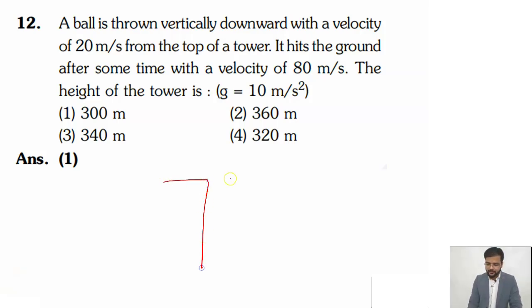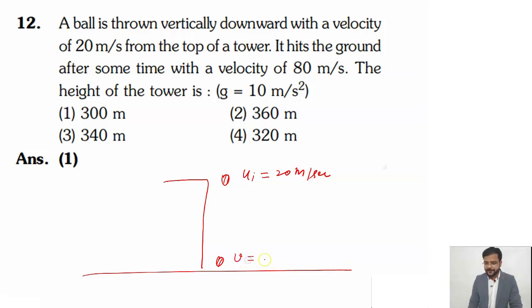The ball is thrown from here, the initial velocity of the ball is 20 meter per second, and the final velocity when it reaches the ground is 80 meter per second, correct?